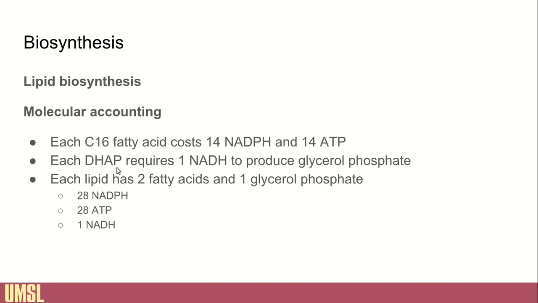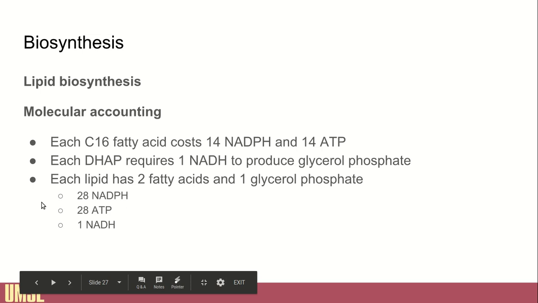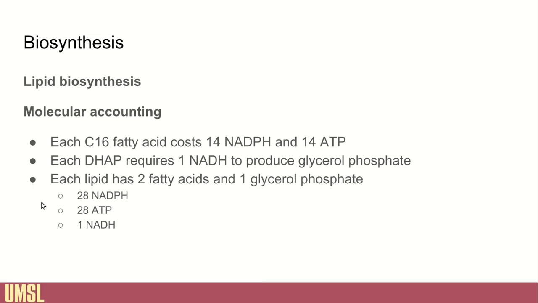So each dihydroxyacetone phosphate now requires 1 NADH to produce that glycerol phosphate that's essentially the phosphate head of the lipid, right? So then each lipid has 2 fatty acids and 1 glycerol phosphate, so it requires 28 NADPH, 28 ATP, and 1 NADH to make a lipid.